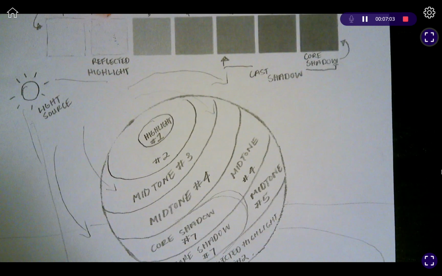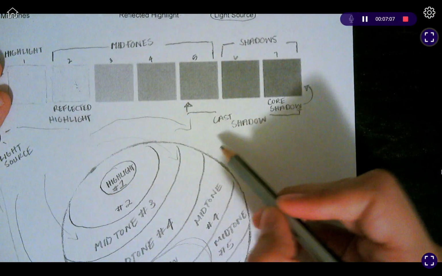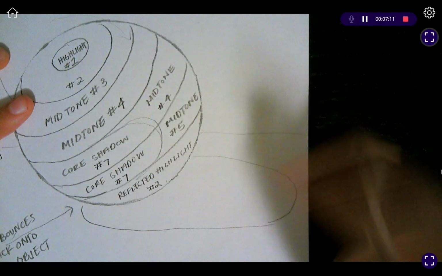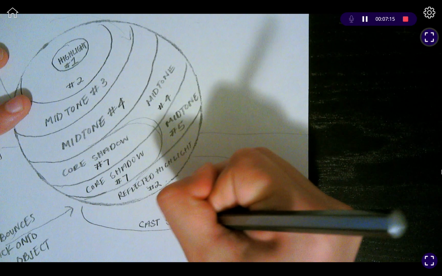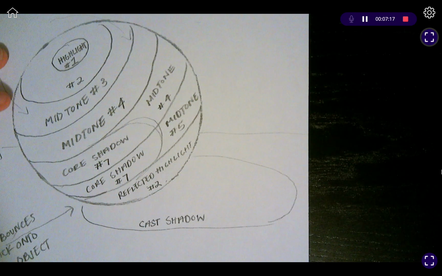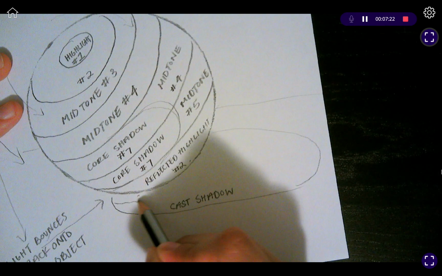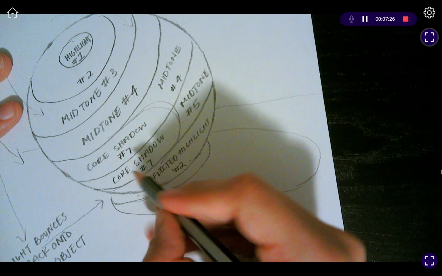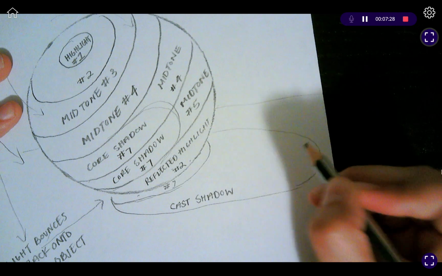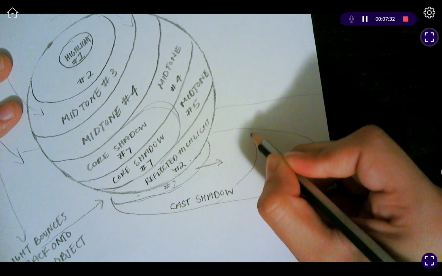Okay. Now that we have all of these things, the only one that's missing is the cast shadow. This entire thing right here is the cast shadow. It starts from really dark, so right here, this is number 7, and as it goes outward, it kind of alleviates.